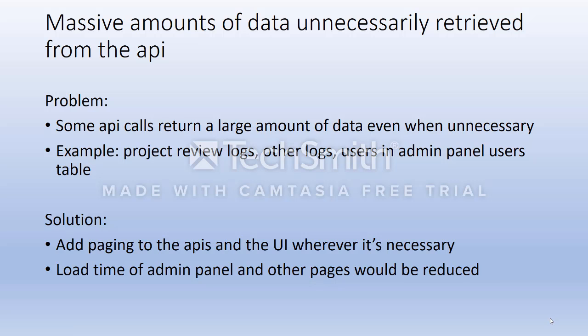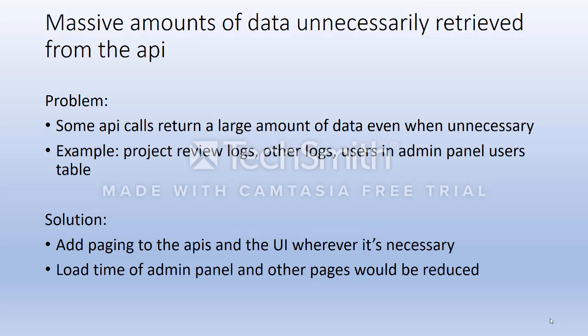The last issue that I cover in this video is related to large amounts of data being unnecessarily retrieved from the web API. This is causing performance issues in some pages or sections of some pages. Some examples where this issue is affecting performance are the project review logs or any other logs on the website for that matter, and the users in the admin panel users table.